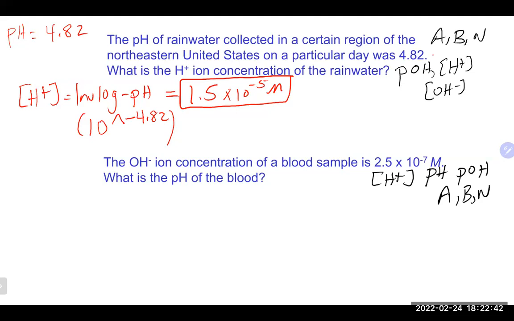Okay. Now, again, at this point, you have some more options. We have H plus, which means we could dump it into KW if we wanted to, right? To get the OH minus concentration. Or I could still get my pOH. So I'm going to do that.